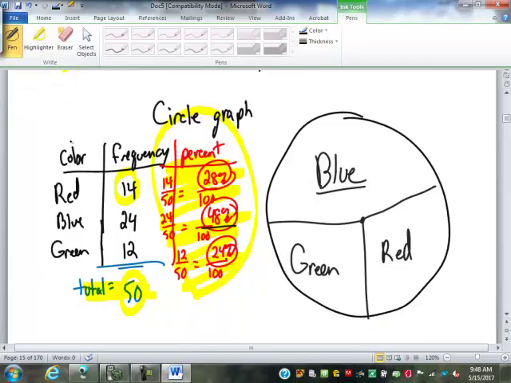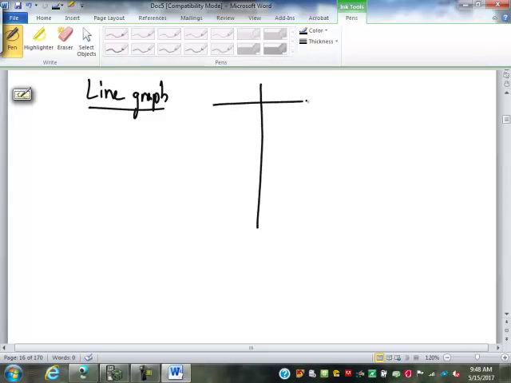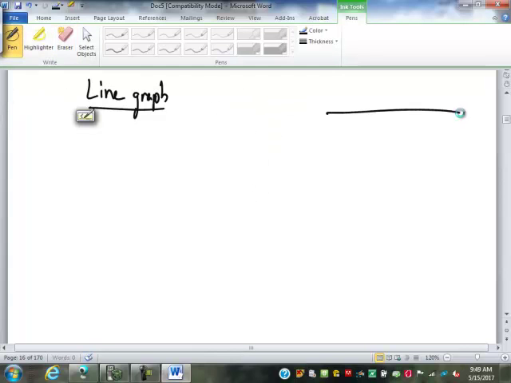Next, we have time series data, or a line graph. We might have number of students taking pre-algebra each year.